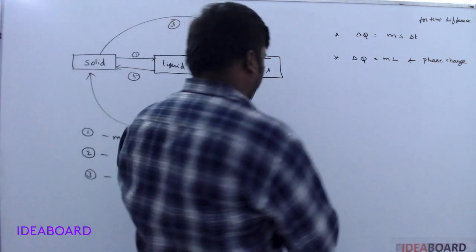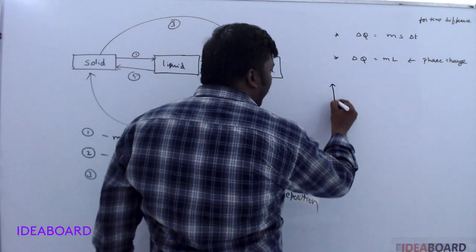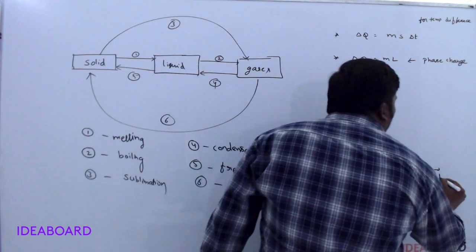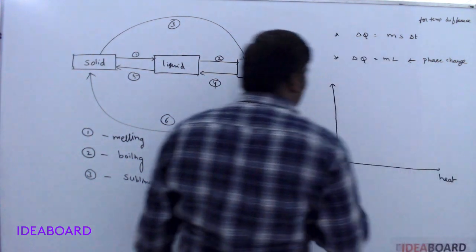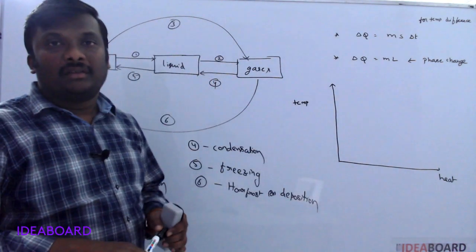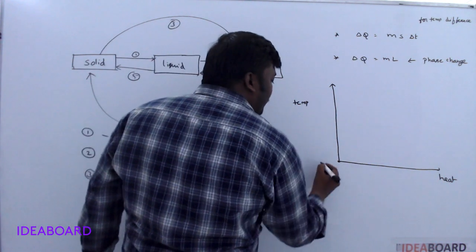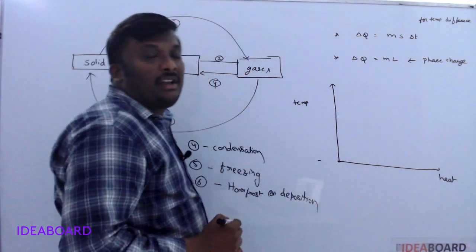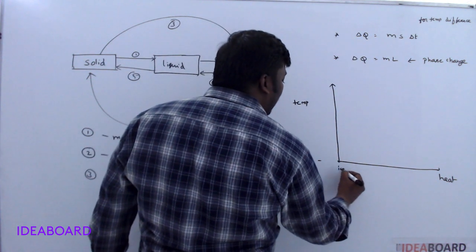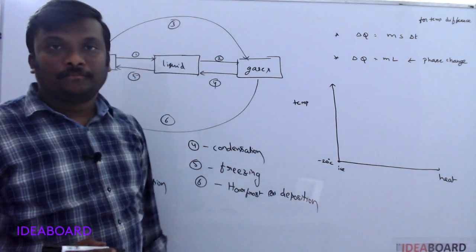Next thing, if you draw a graph between the amount of heat supplied and temperature. Initially I consider some substance at a negative temperature. For example, I take some ice at minus 20 degrees Celsius.